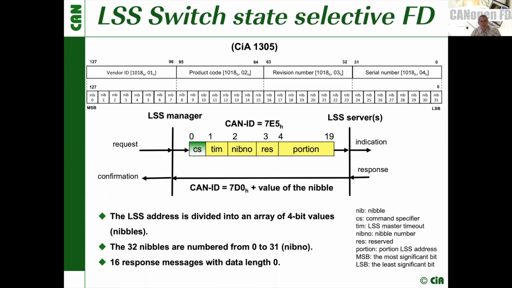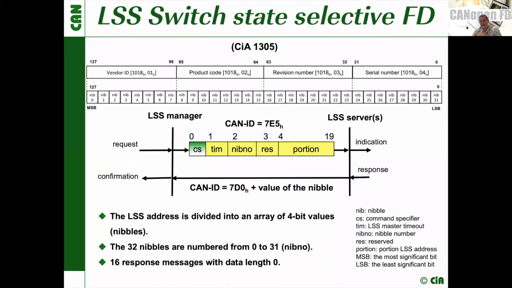In the document CiA 1305, we have the option to transfer the so-called LSS address, composed of vendor ID, product code, revision number, and serial number, in one telegram, and we have space for some additional control information.